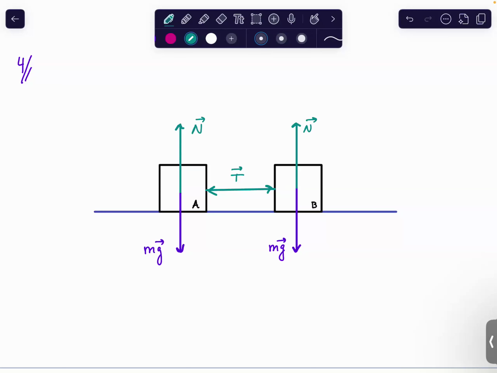There is a force pulling on both of them that's moving the entire system.